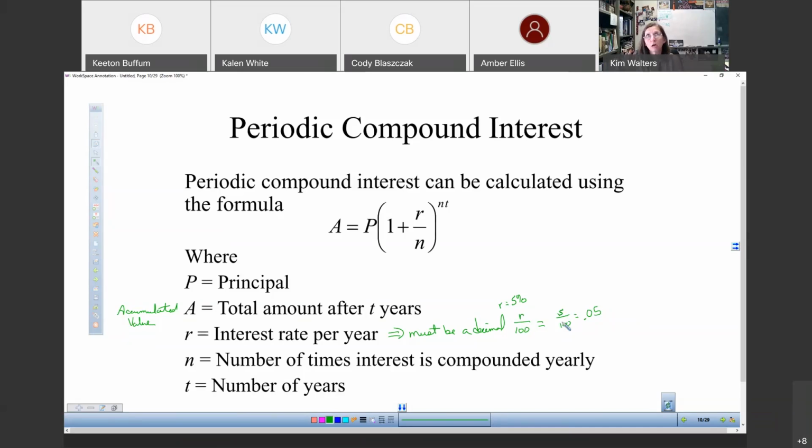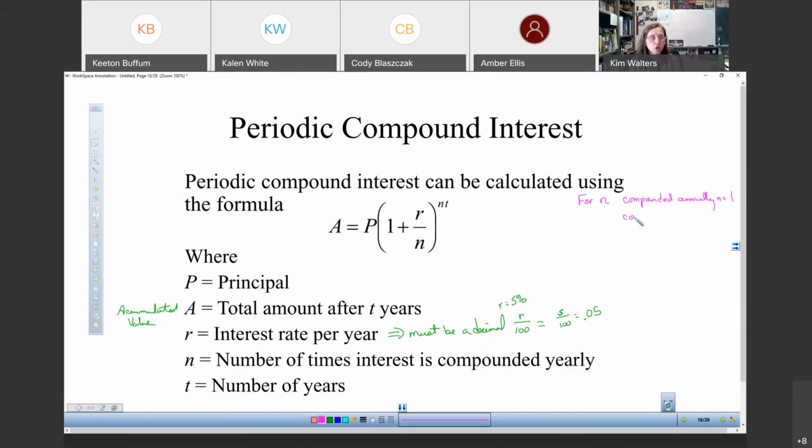So there are 4 things that we're going to talk about, okay? So we're going to come over here and I'm going to make this for N, all right? So if it says compounded annually, well, if something happens annually, it happens once a year, so N would be 1.